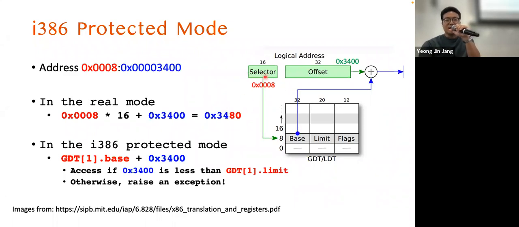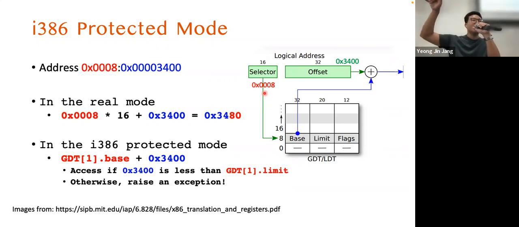And what it will do is, the segment selector will refer to the index in the global descriptor table. So it must be a multiple of 8 because our global descriptor size is 8 bytes. So it could be 0, 8, 16, 24, 32, something like that.